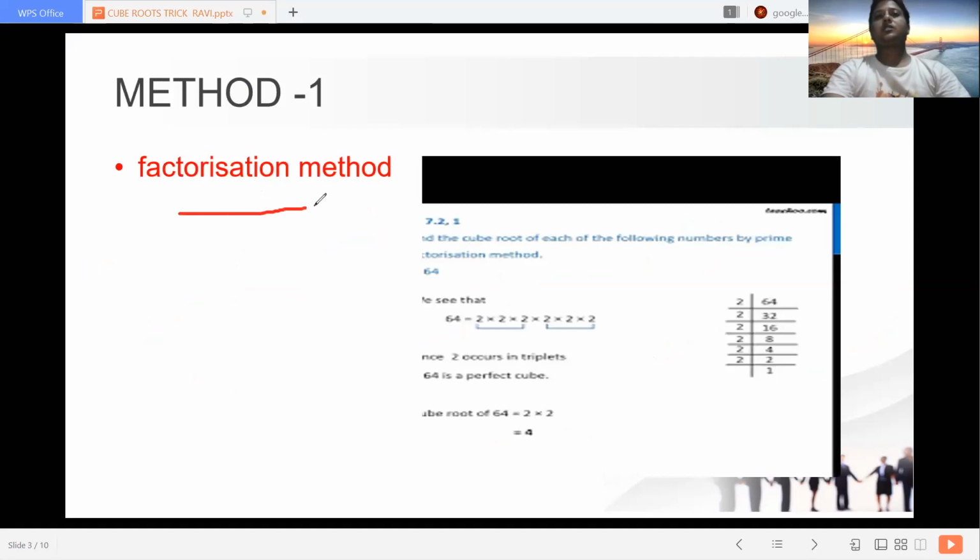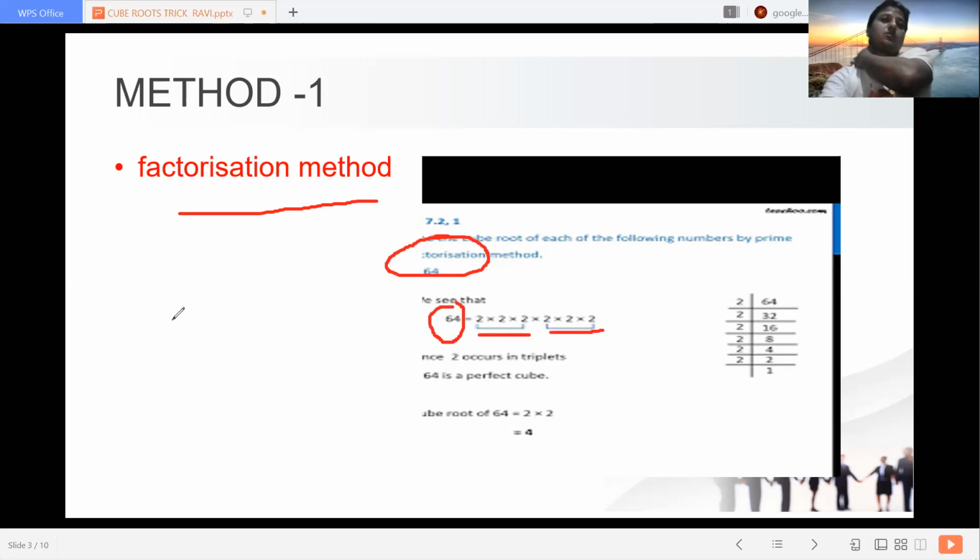Here is the factorization method. Here we have to factorize 64, and 64 is 2 times 32, 2 times 16, 2 times 8, 2 times 4, 2 times 2, 2 times 1. Therefore 64 becomes 2 multiply 2 multiply 2, 2 multiply 2 multiply 2.